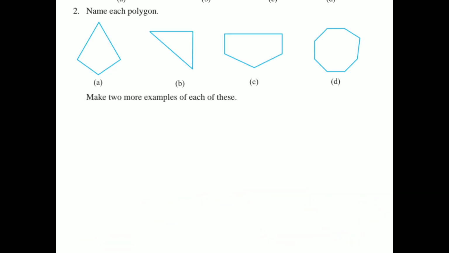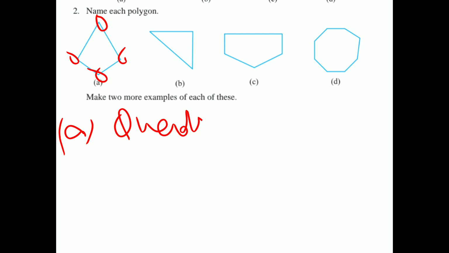Question 2. Here you have to tell the first figure. See how many corners it has. How many corners are there? 4. So a 4-sided figure is called a quadrilateral. And if there are 3 sides, what do we call that figure? We call it a triangle.